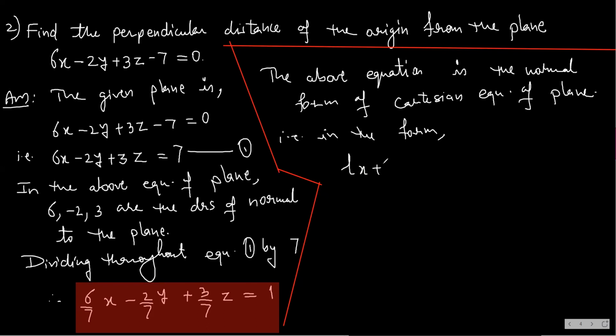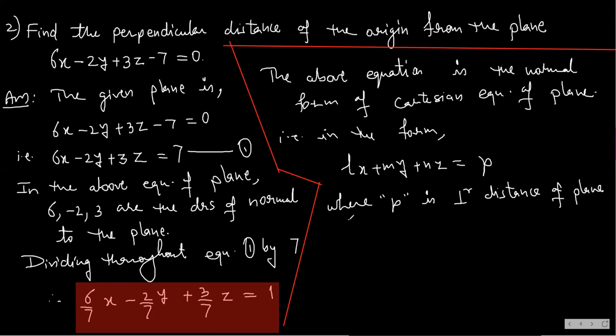lx plus my plus nz equals p, where p is the perpendicular distance of the plane from the origin.